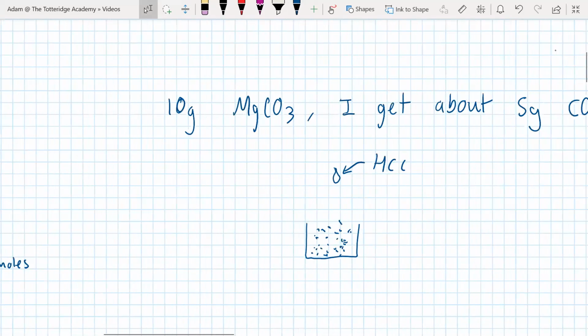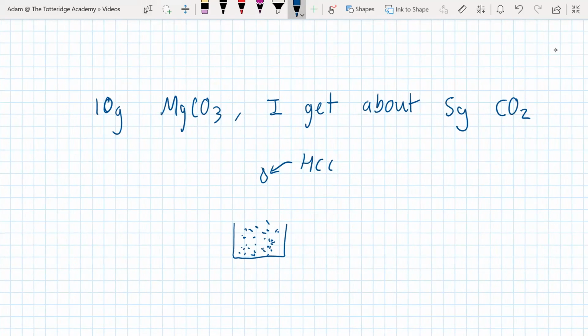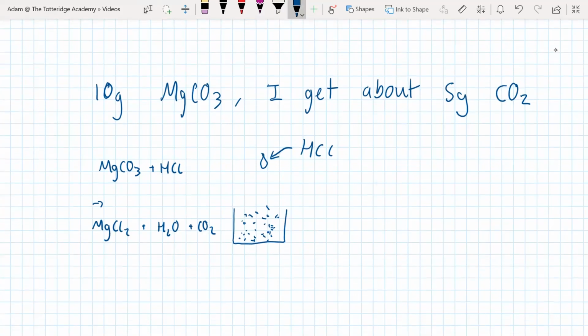What I'll do is pop that up over here for you: MgCO3 plus HCl gives MgCl2, H2O, and CO2. I probably should have done that at first. So I add just 1 drop of HCl to magnesium carbonate.